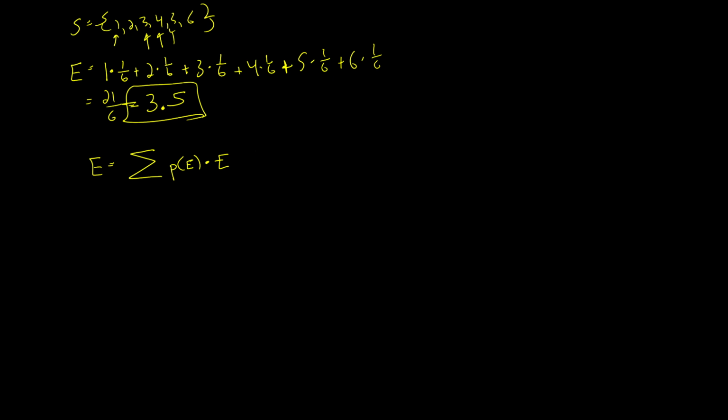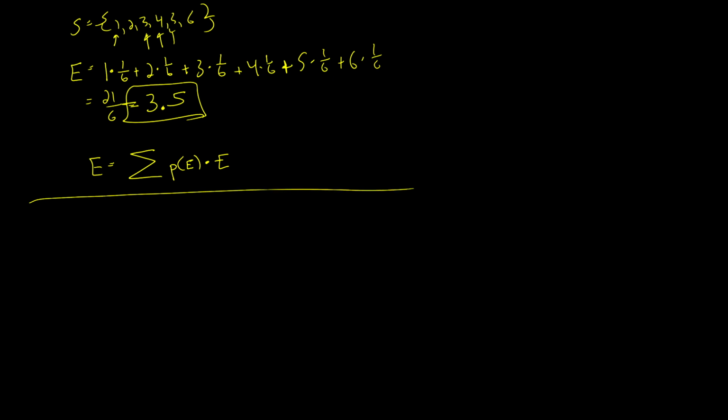So let's look at another one. I'll go to an example in the book here as I move through. I like doing this with gambling games, so I'm going to do example 5 in the book.